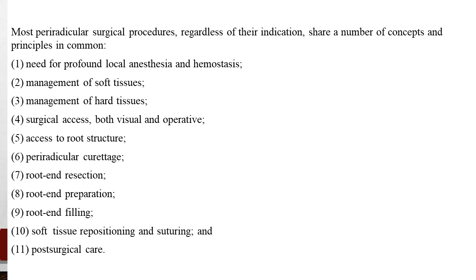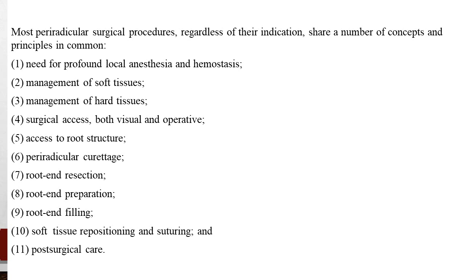Irrespective of what procedure you are doing, you have to give profound local anesthesia and hemostasis. So in such cases, please understand, you cannot give infiltration, your nerve blocks are mandatory. Okay, and you have to use your hemostatic agent, that is your adrenaline. So you cannot give the non-adrenaline injections. You have to have your vasoconstrictor because you have to arrest the bleeding.